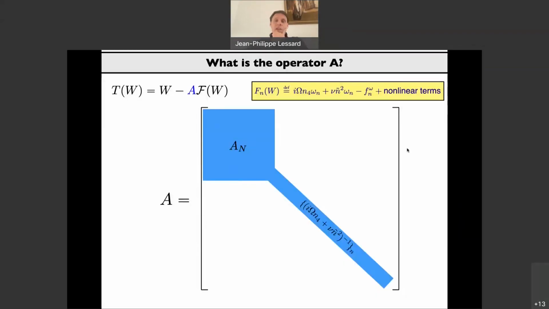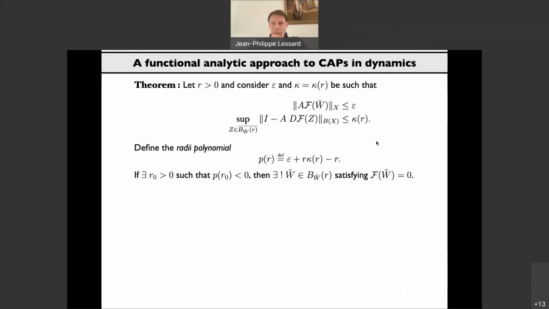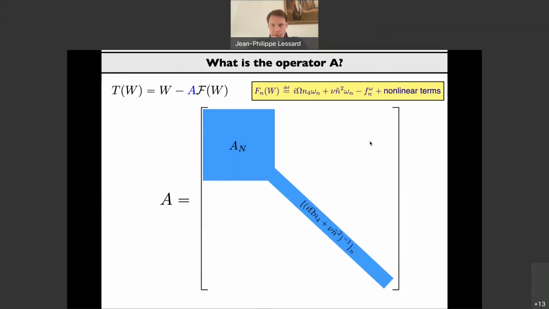Now, if I had a wave equation and I was plugging a Fourier series in space and in time, then I could have problems with this structure, because the eigenvalues of the linear part could be arbitrarily small in the high modes. I could have what we call small divisors. So that could definitely be hard to apply.